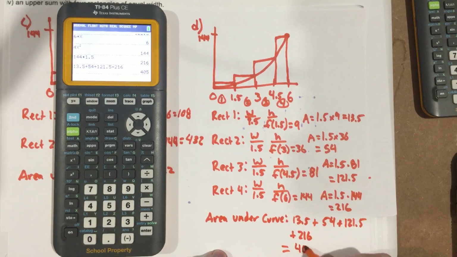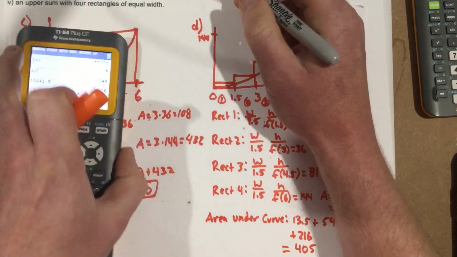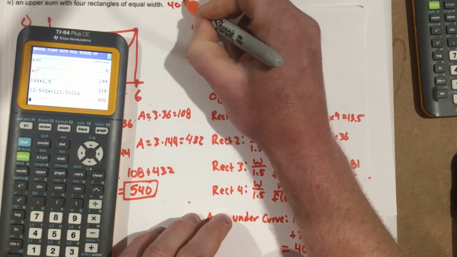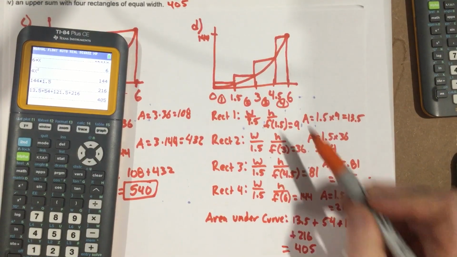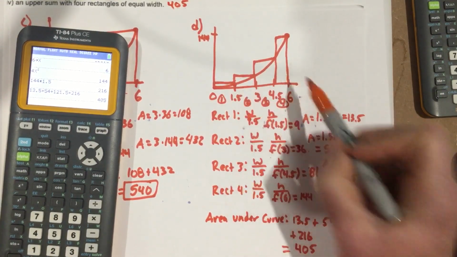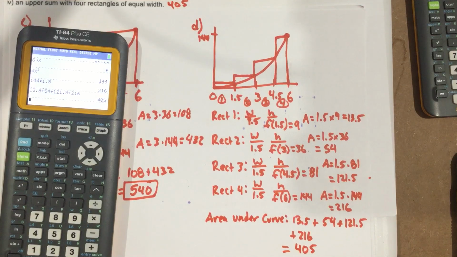And notice that that number is smaller than the 540, and we are getting closer and closer, right? The more rectangles you use, the closer and closer to the actual area.